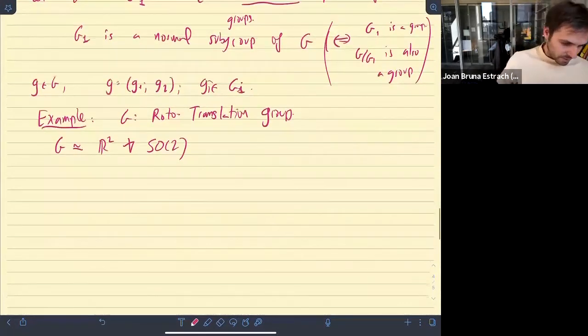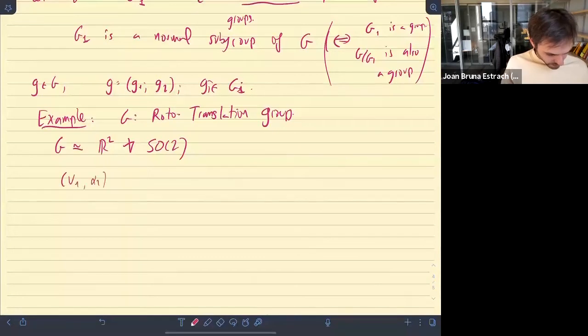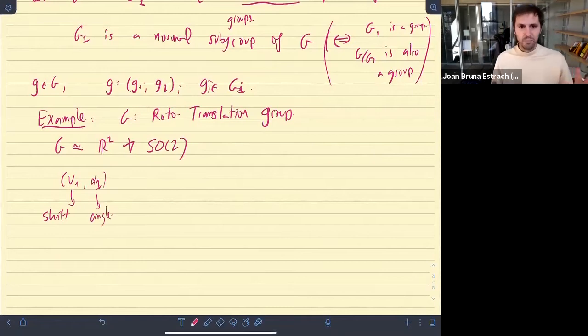For example, I can parameterize one of these elements as (v1, alpha 1). This is the shift, and this is the angle by which I rotate. So any transformation I can parameterize by the offset that you apply, and then the angle by which you rotate.